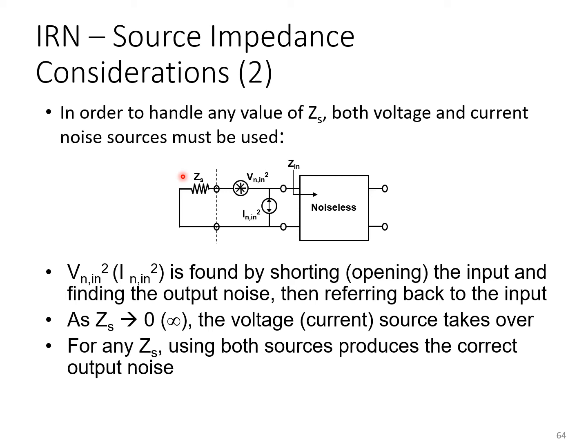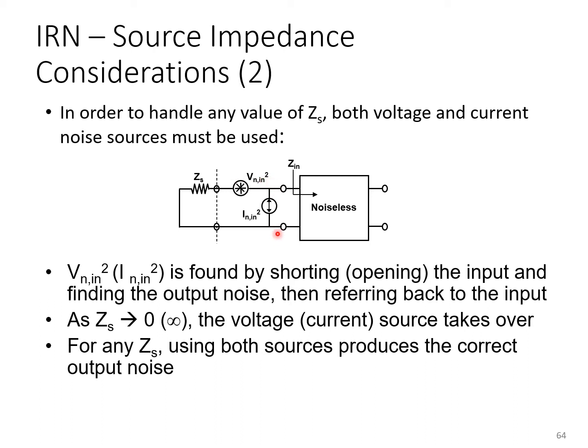And this makes sense clearly because when ZS equals 0, then IN will have no contribution. All that current will just flow through the short circuit connected to the input and give rise to no noise at the output. And similarly, when ZS is infinity, there's an open circuit here. This voltage noise source will not do anything to these nodes over here.